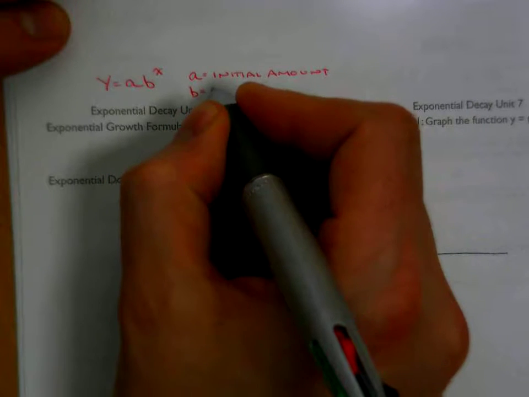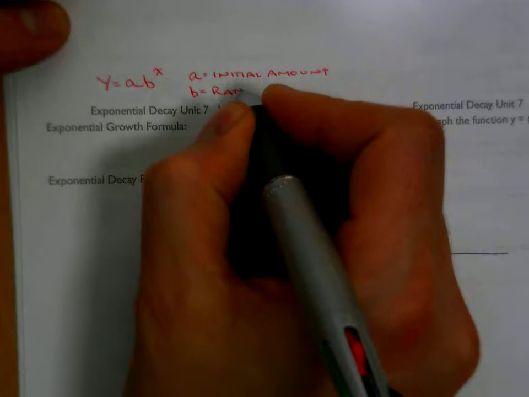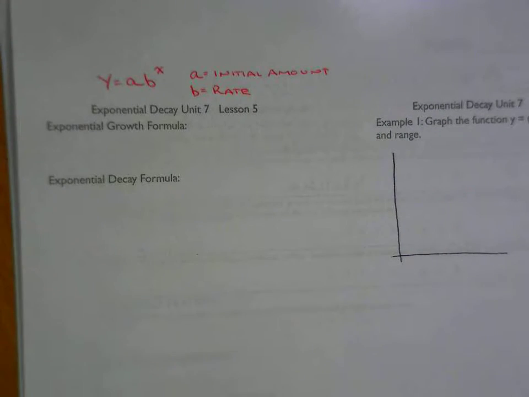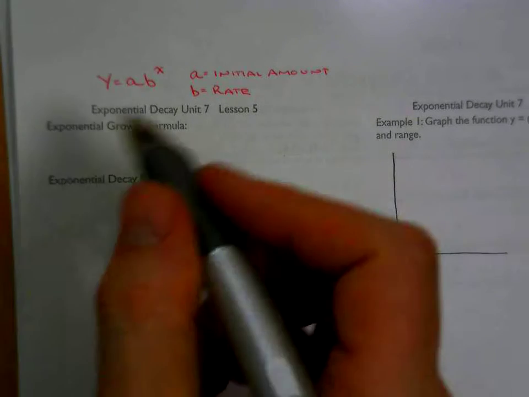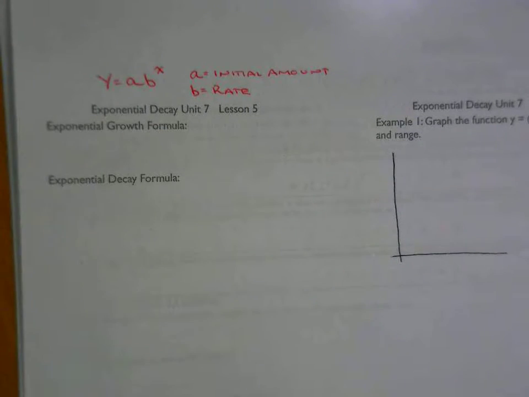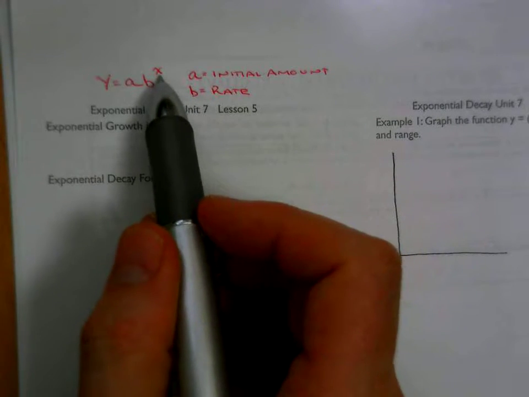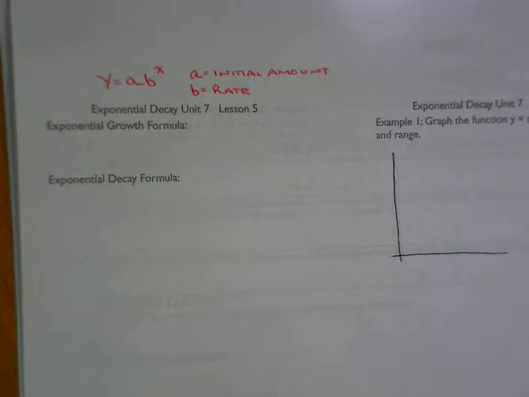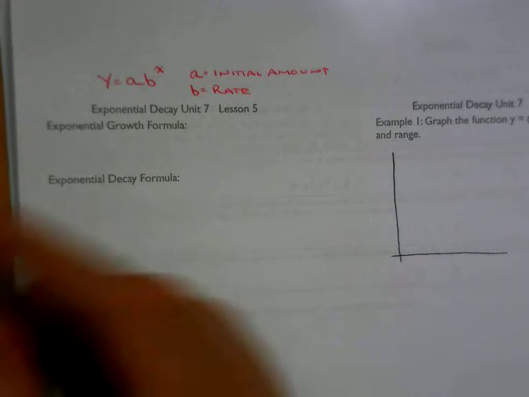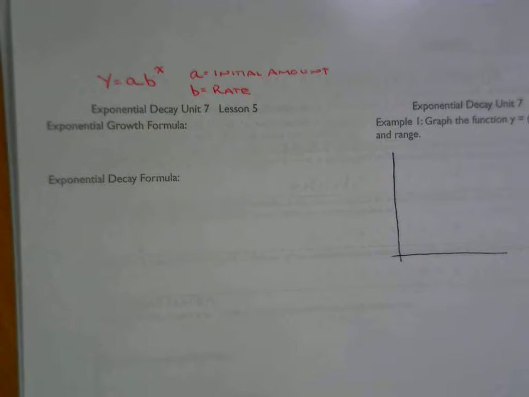B stands for the rate, which is the number that we multiply by each time to get to the next number. X and y were variables that would correspond to something on the Cartesian coordinate plane, but generally x stood for a time amount if this were some sort of real-life problem, and y stands for the total amount.